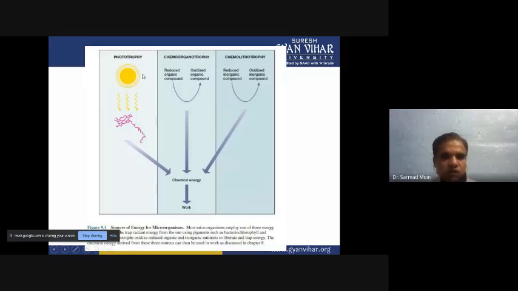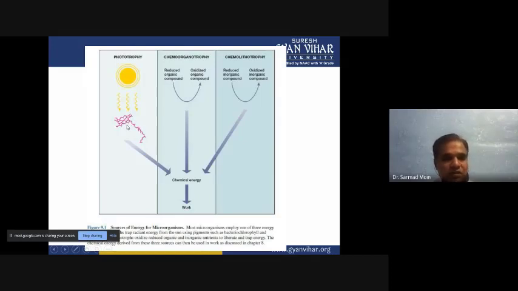Now we know that there are three types of energy source. First one, the autotroph: the microorganisms which get energy from the sunlight. They will capture the sunlight, and for capturing the sunlight they have a specific type of molecule like chlorophyll.